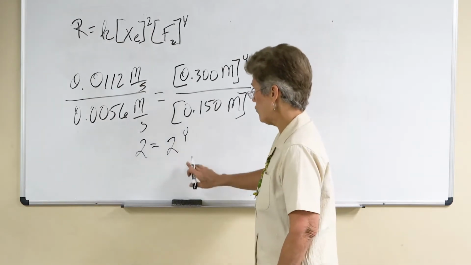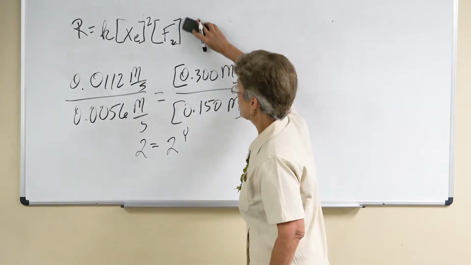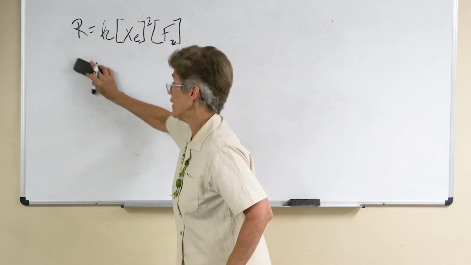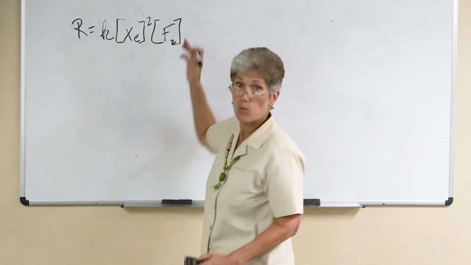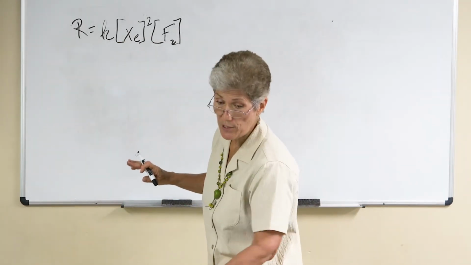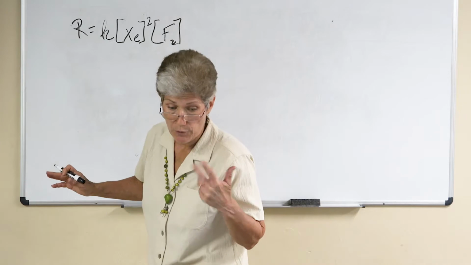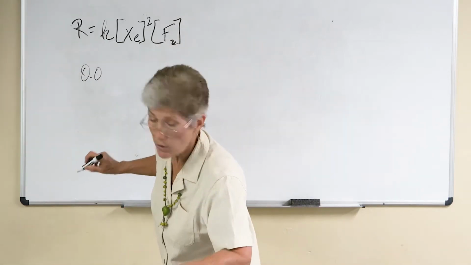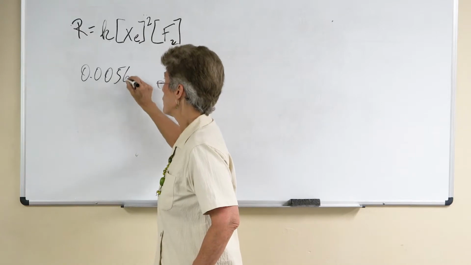So what makes this true? Y has to equal 1. So that means we just make it disappear. Y equals 1. We don't disappear the whole thing, we just make the invisible 1 take our place here, don't we? Now we're going to solve for k. And the way we do that is I've plugged in the first trial, 0.0056.